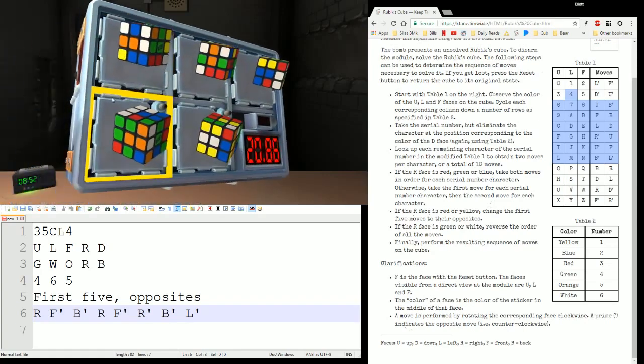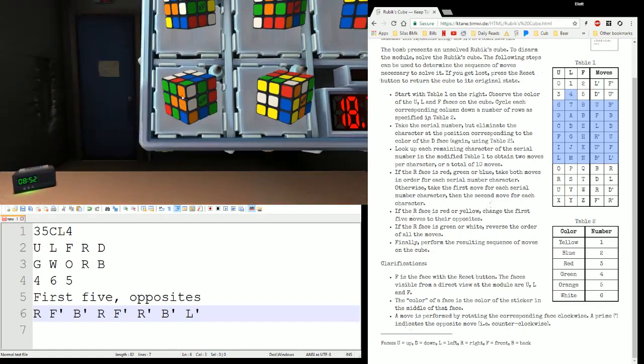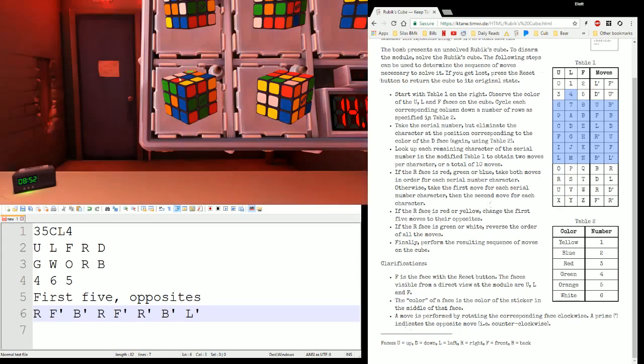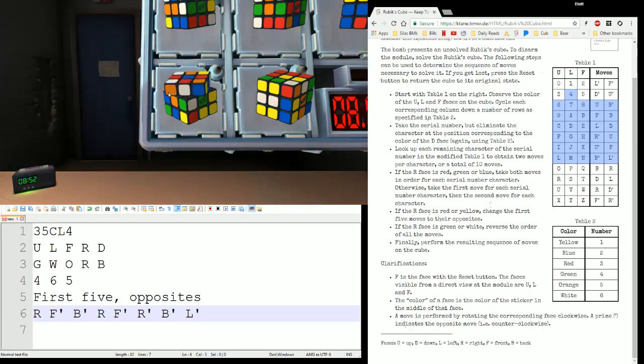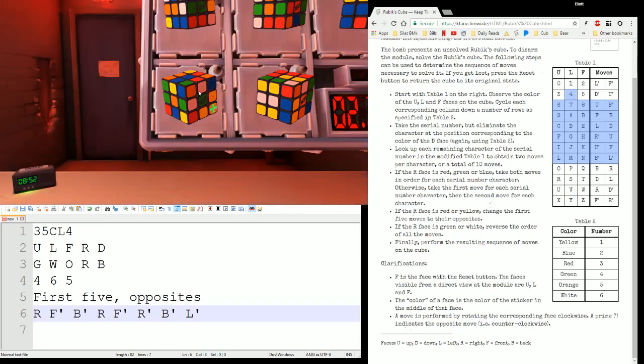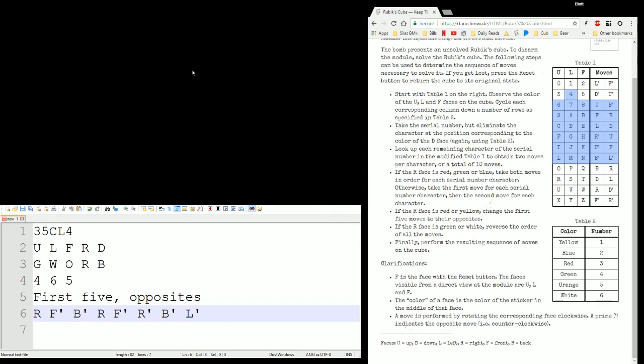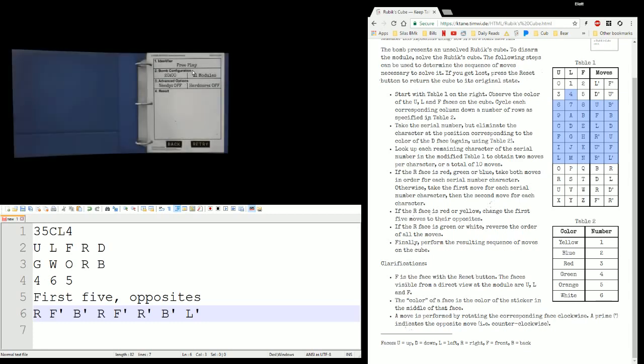Now you'll notice, even if I just play around with this, because there's no way I'm going to be able to solve another one in 16 seconds, much less 9, I'm not getting any strikes for not following the correct set of instructions. This is a module you can never actually get a strike on. As such, if you know how to solve a Rubik's Cube, you could, theoretically, completely ignore the expert rules and just solve it like you would a Rubik's Cube.